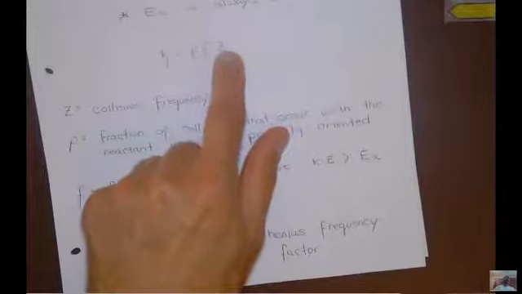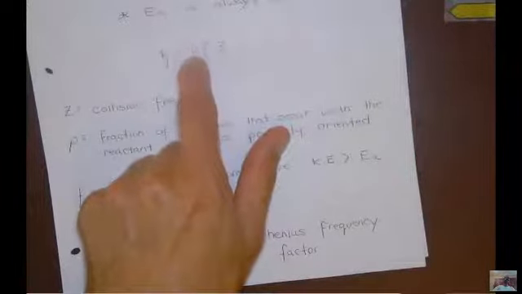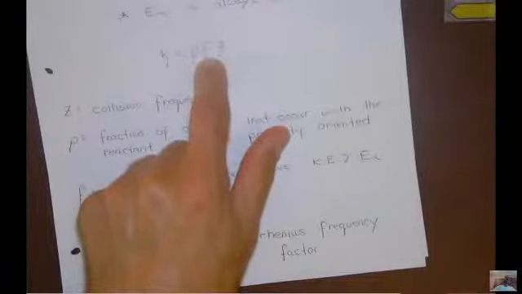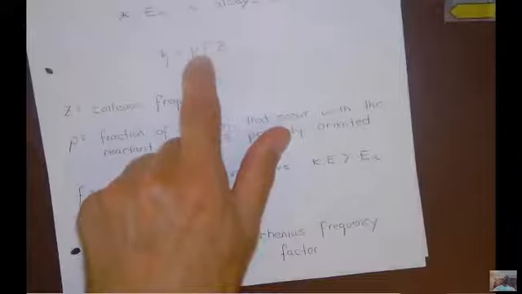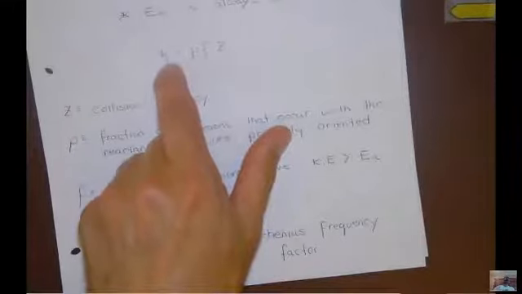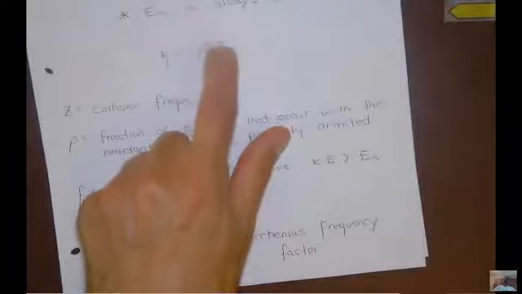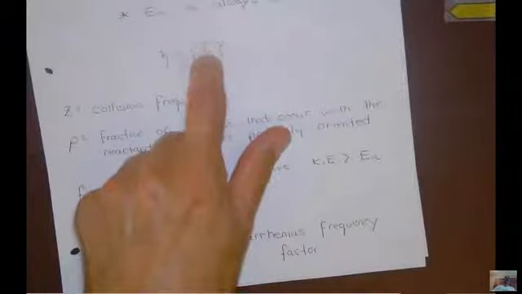Then you take that fact that F is equal to 1, but you still have to multiply it by P and Z. So we had, remember, 4,000 collisions. Half of them are fruitful. Now we're at such a high temperature that all of them have enough energy. This guy in the middle would be 1. So we'd have 2,000 for our K. Does that make sense? So orientation, how often they hit, and if they hit with enough energy.